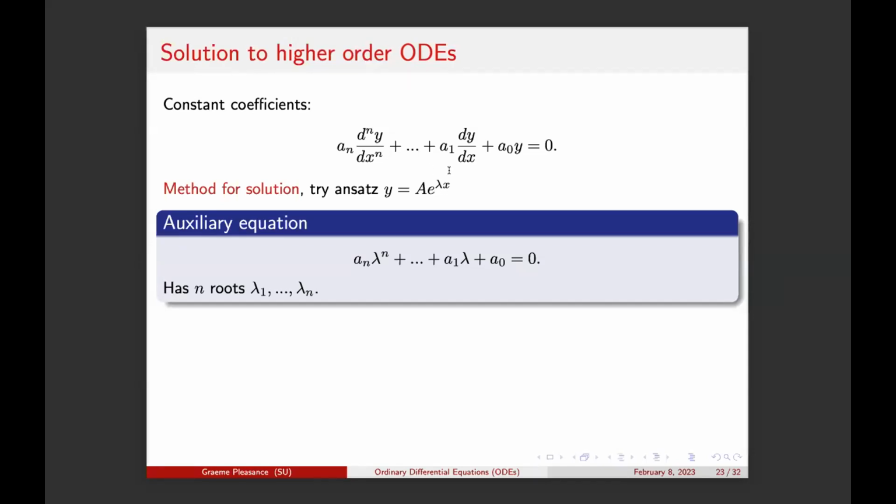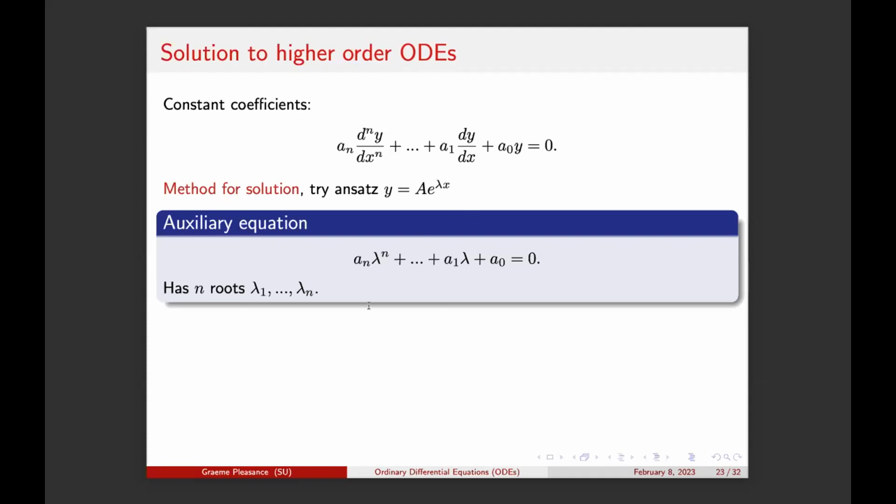And so if we substitute this into the above equation, each of these terms is going to contain a factor of e to the lambda x. So we can divide through both sides to remove the dependence on e to the lambda x, and this will generate the following equation, which is called the auxiliary equation. This is just an nth order polynomial in lambda.